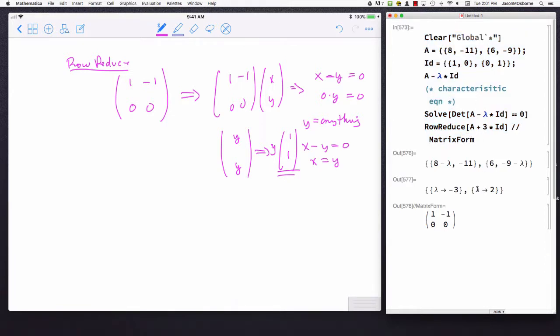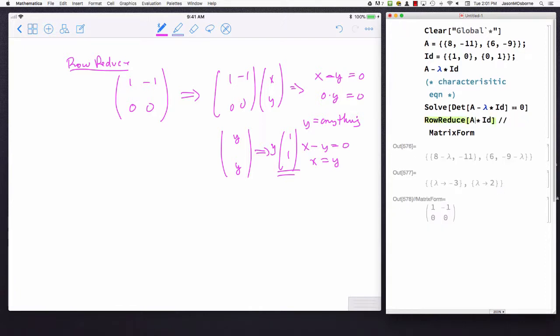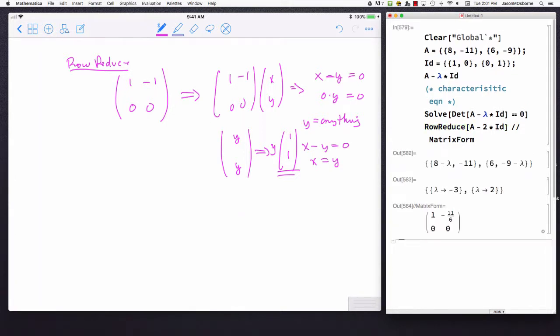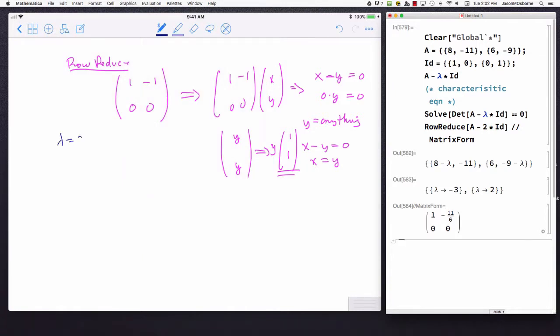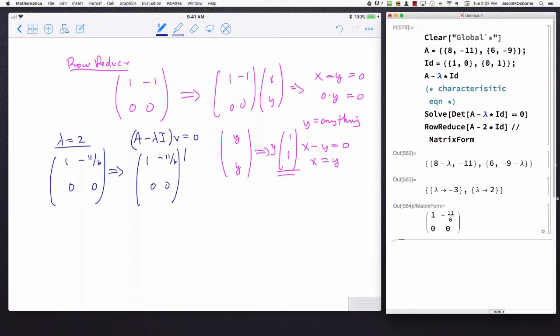The other eigenvalue was 2. So if you ask the computer to row reduce A minus 2 times the identity, what you'll find is that for the lambda equals 2 eigenvalue, the system row reduces to this, which is a fancy way of saying you're looking at A minus lambda I times v equal to 0, which is 1, -11/6, 0, 0 being multiplied by x, y has to equal 0, 0.